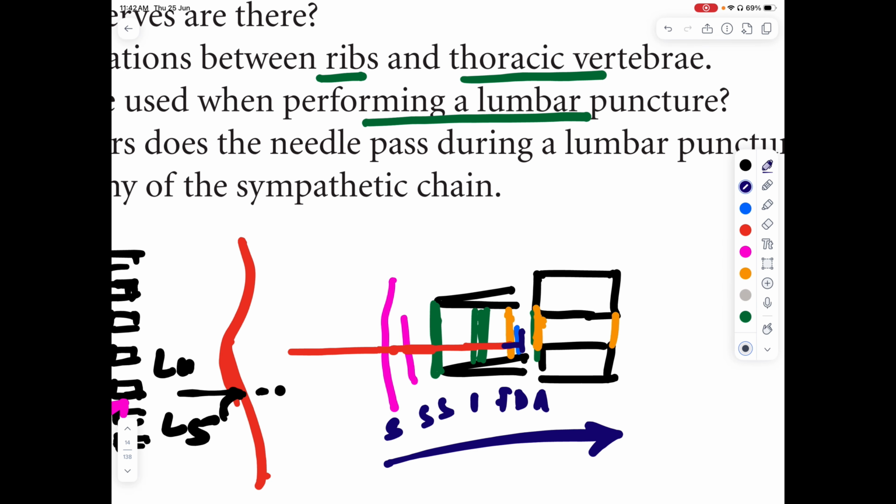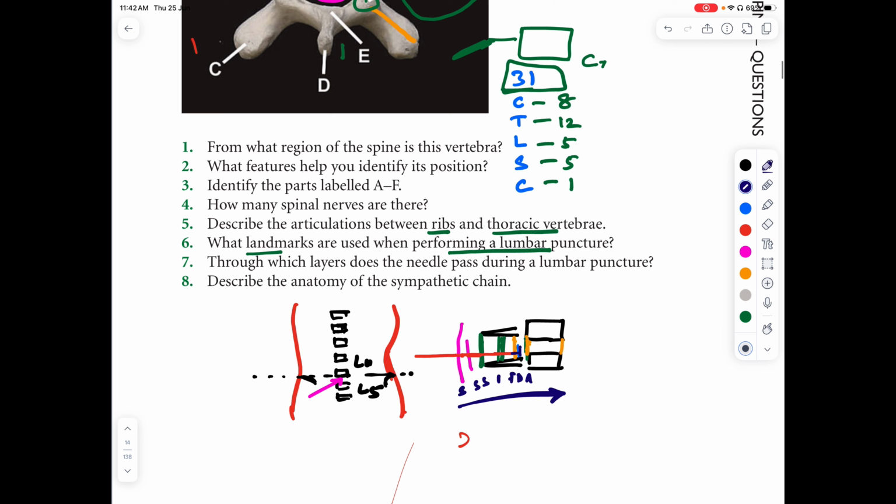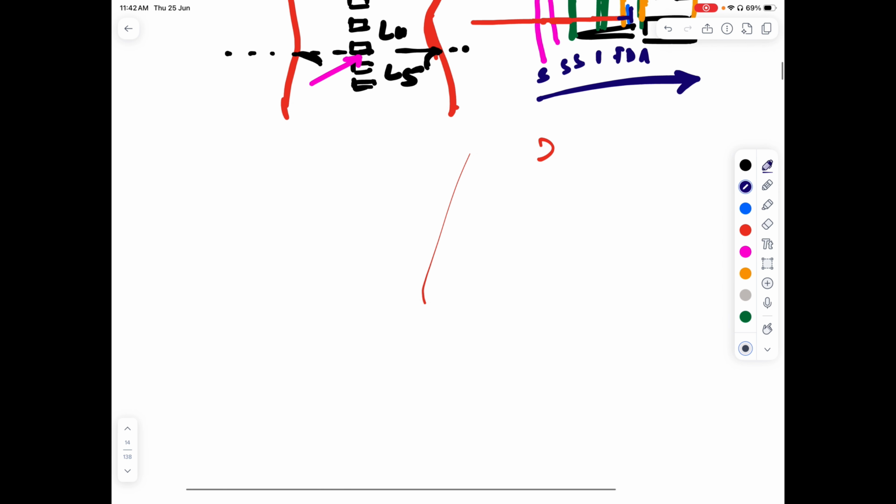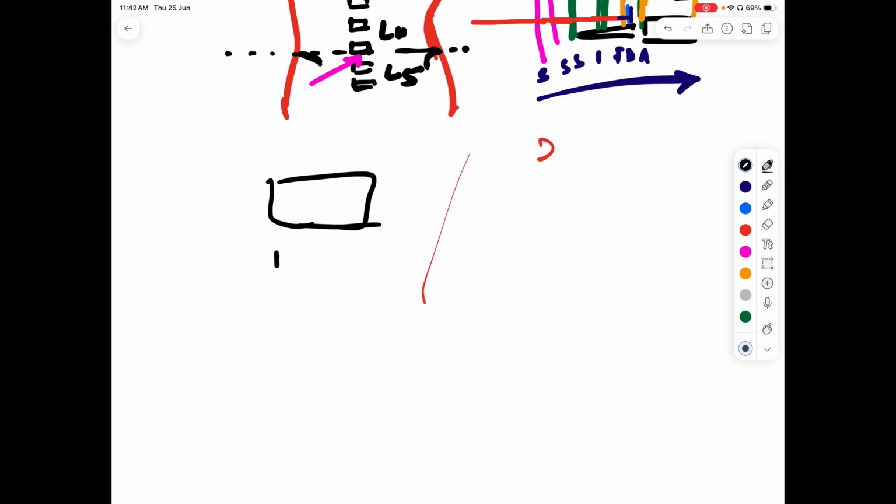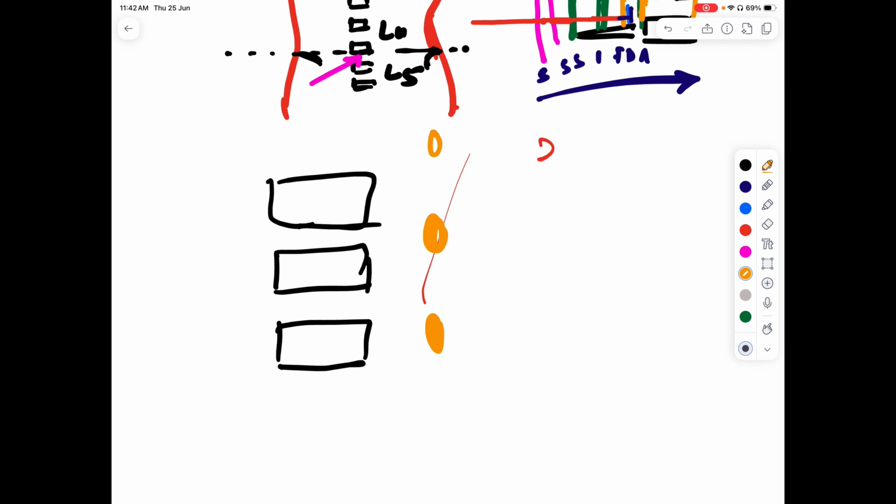So the next question is, what about the sympathetic chain? You have to understand that along the vertebrae, paraspinal, there is the sympathetic chain. When you see a spinal cord section, this is the anterior and this is the posterior.